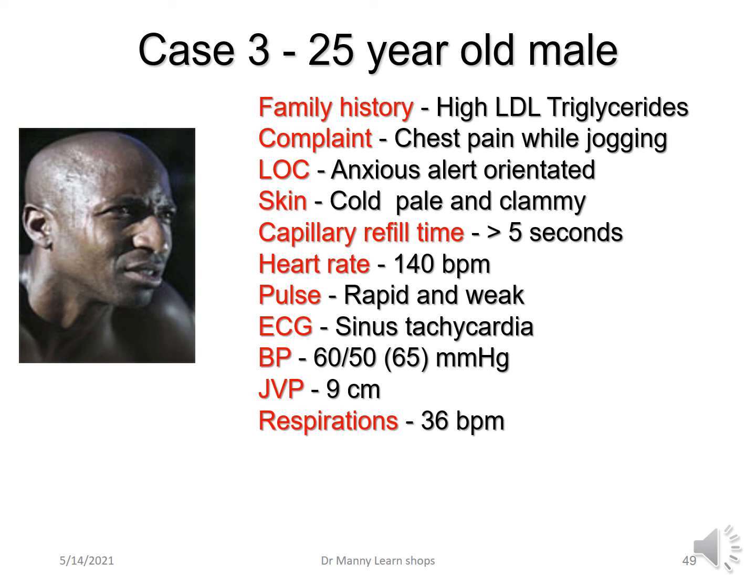He's got a capillary refill time of more than 5 seconds and his heart rate is about 140 with a pulse that's rapid and weak. His ECG, when the paramedics come, indicates sinus tachycardia. He's hypotensive with a blood pressure of 60 on 50. His JVP is elevated at 9 and he's tachypneic with respirations of 36 breaths per minute.